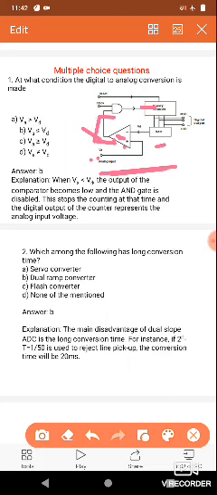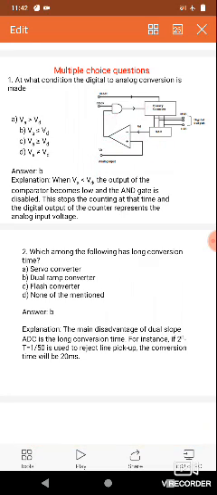The comparator output is given to an AND gate, the AND gate output is applied to the binary counter, and the binary counter output is applied to the input of the DAC. So the total circuit represents a counter type ADC.